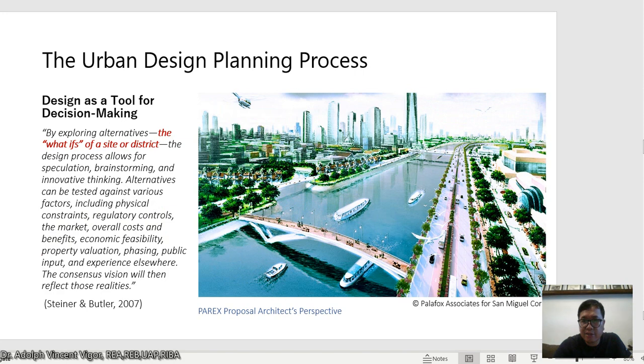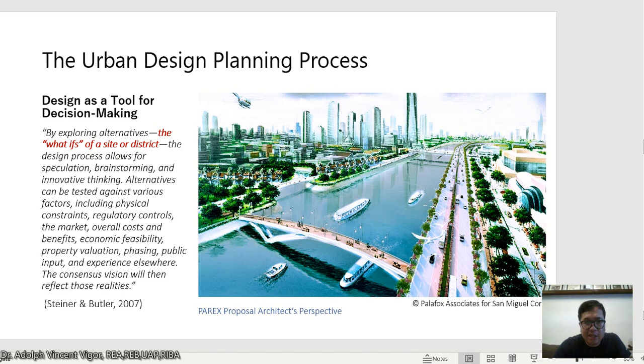So design as a tool for decision making. By exploring alternatives, the what ifs of a site or district, the design process allows for speculation, brainstorming, and innovative thinking.